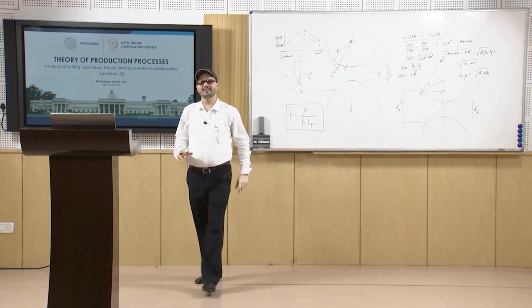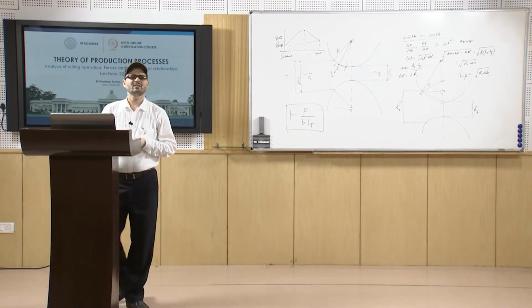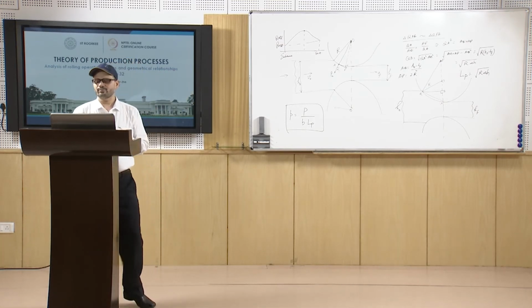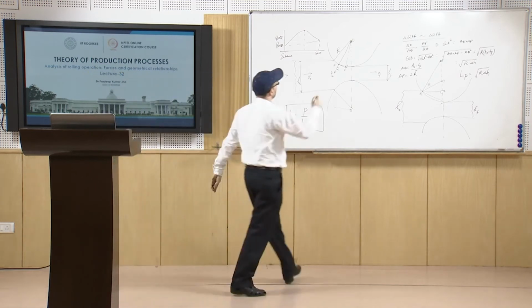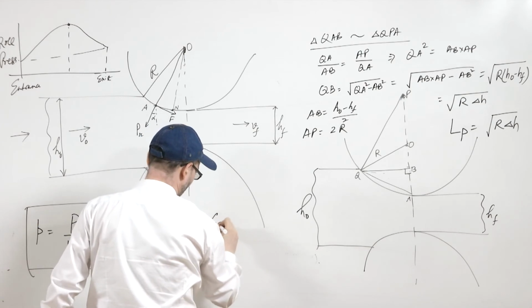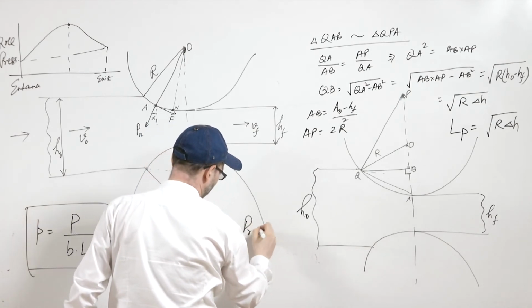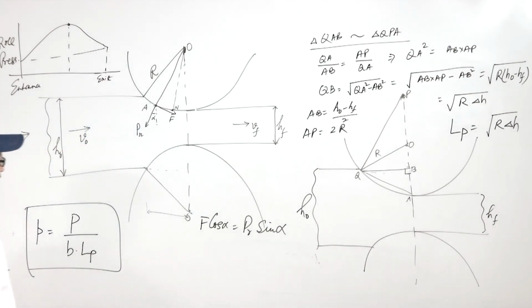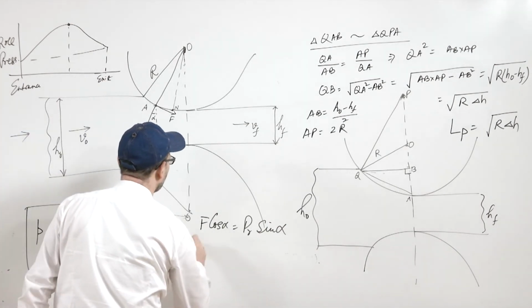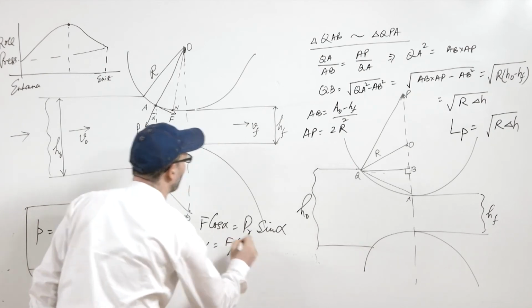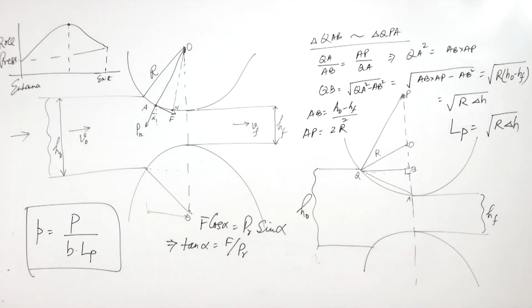So, in the limiting condition, PR sin alpha has to be equal to F cos alpha. Now, tan alpha will be F by PR. That is what you see from here.